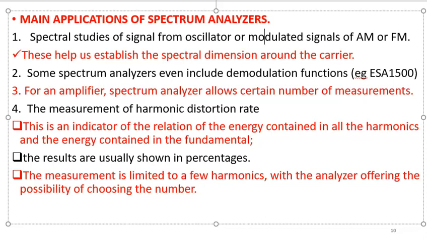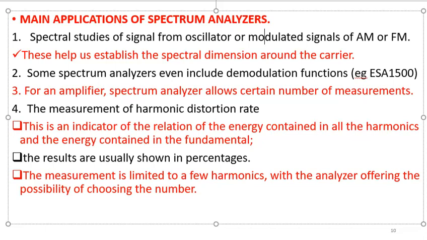Another place where we apply the spectrum analyzer is to analyze modulated signals, because the first one here we said it can deal with modulated AM or FM. Sometimes we can have spectrum analyzers that can demodulate the RF signal before they analyze its spectral behavior.